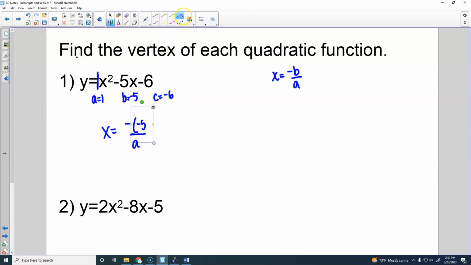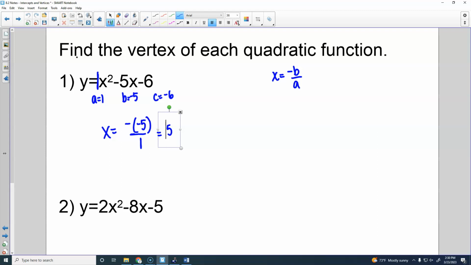Only use the number, don't use the x that goes with it, just the coefficient. And then the a, I would replace it with the a value, which is 1. So for this problem, negative 5 just gives you a positive 5. 5 divided by 1 is 5. Okay, so that is the x-coordinate of the vertex.